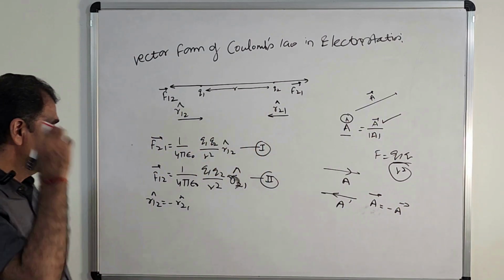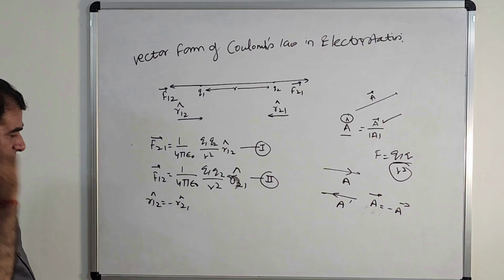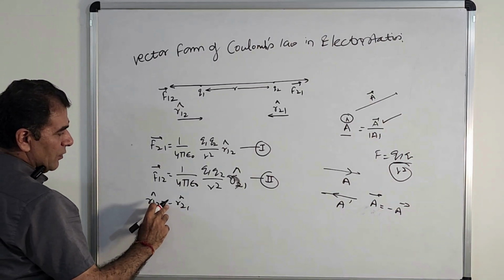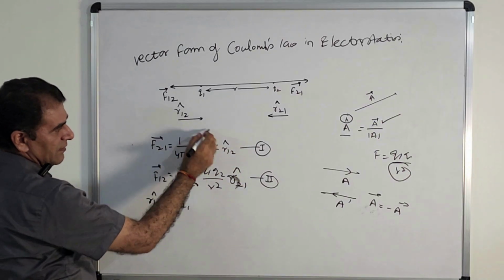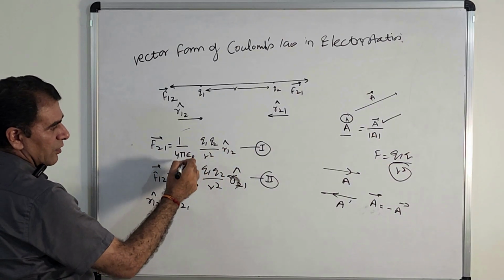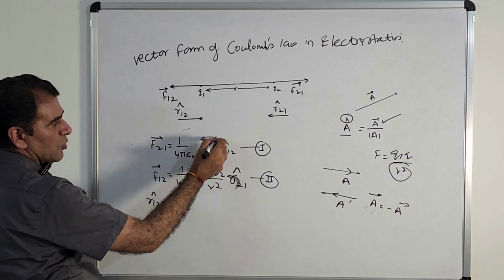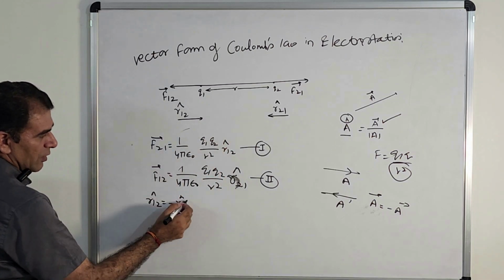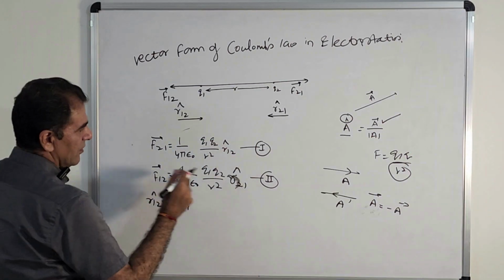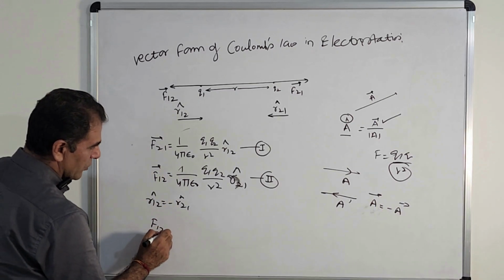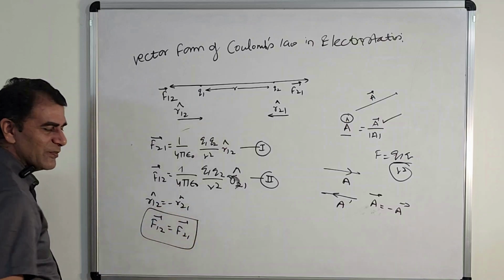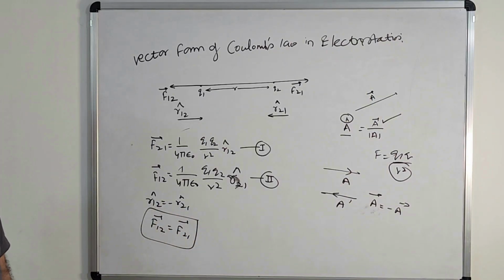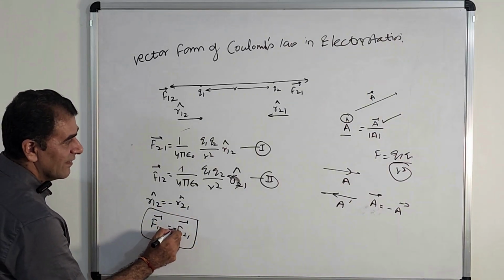So if directions are opposite, R12 equals minus R21 cap. If you put this value here and here, these are same: 1 by 4 pi epsilon 0 same, Q1 Q2 by R square same. So by using these values, what do we get? F12 equals F21. Very important result we get, and with a negative sign.